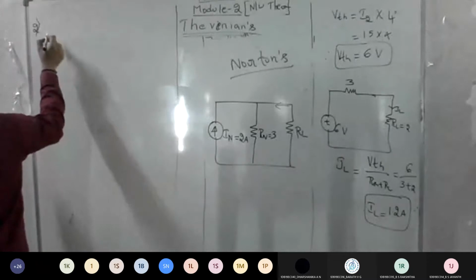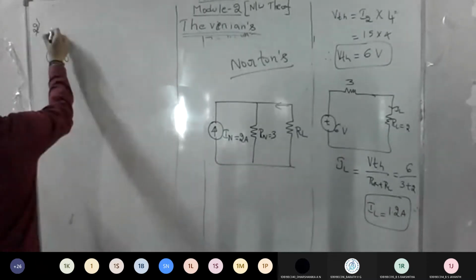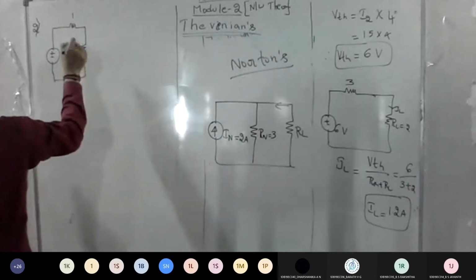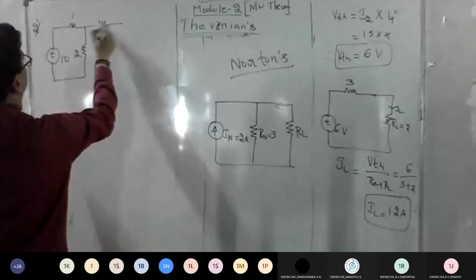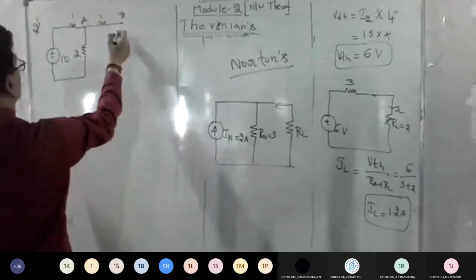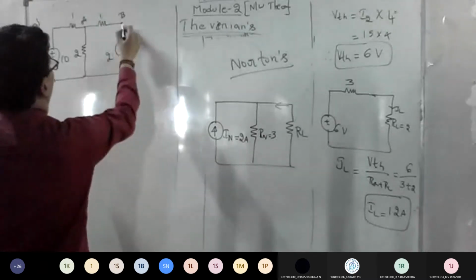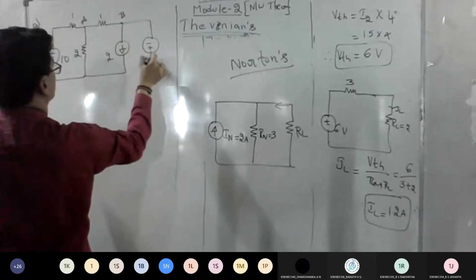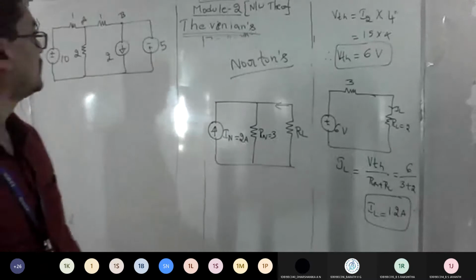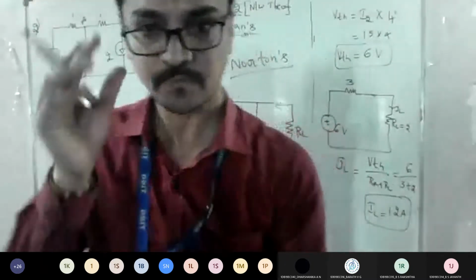Second one. The voltage given is 10 volt, with a 1 ohm resistor, then a 2 ohm resistor, and another 1 ohm. This is your A and B. They have also given one current source of 2 amp and one more voltage source of 5. This is the given question.